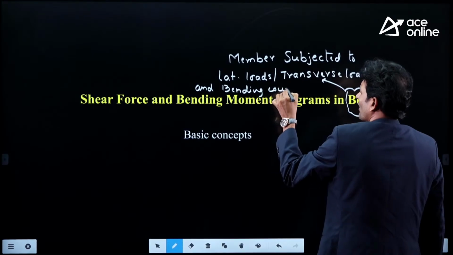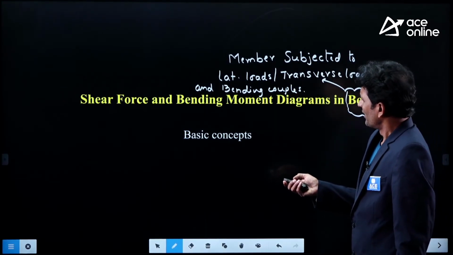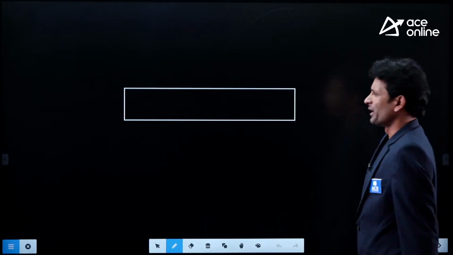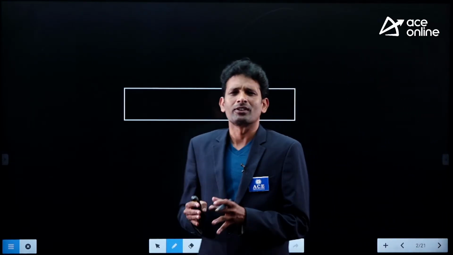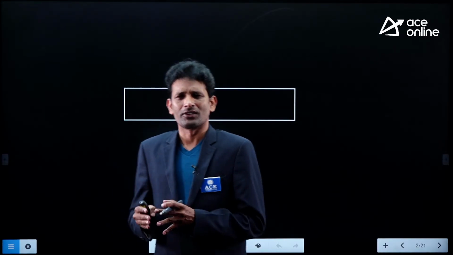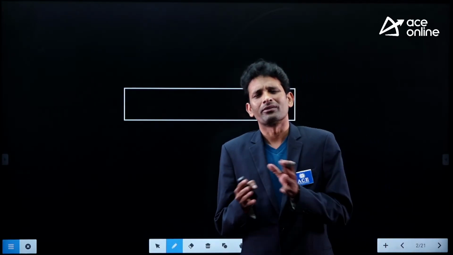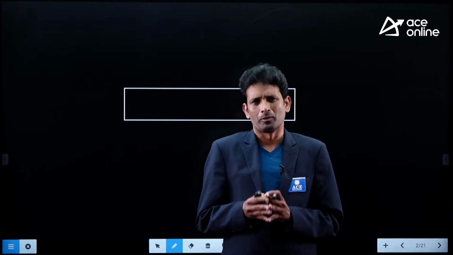So when we are applying the loads on the beam, to maintain the equilibrium condition, some kind of internal forces are generated in the beam cross section. These internal resistive forces have two components. One, shear force, second one, bending moment.